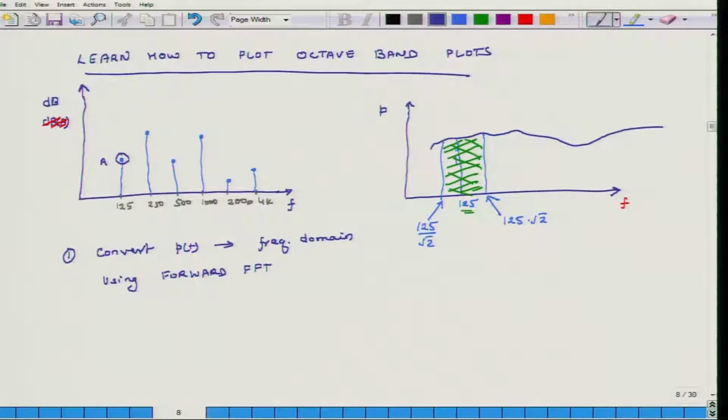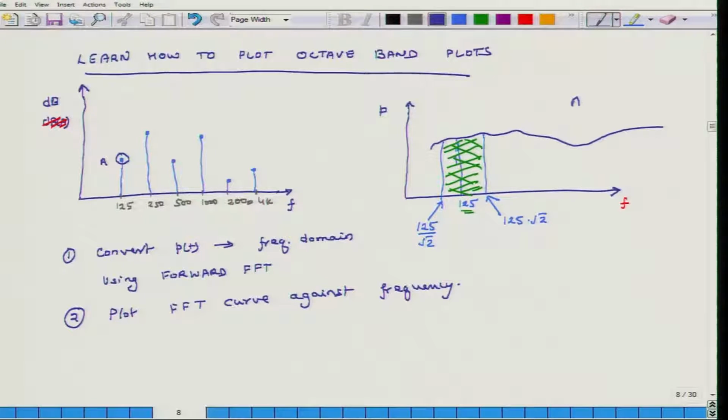Okay. Now, second, I plot the FFT curve against frequency. Whenever I do an FFT, how many plots do I get? 2.